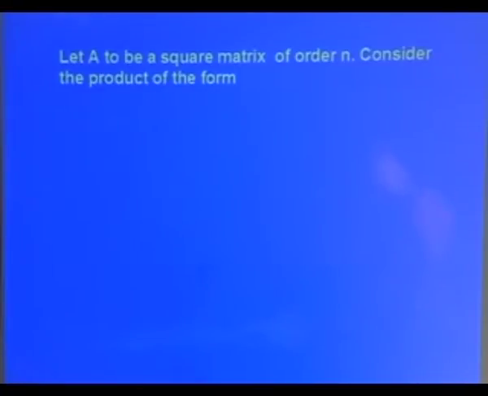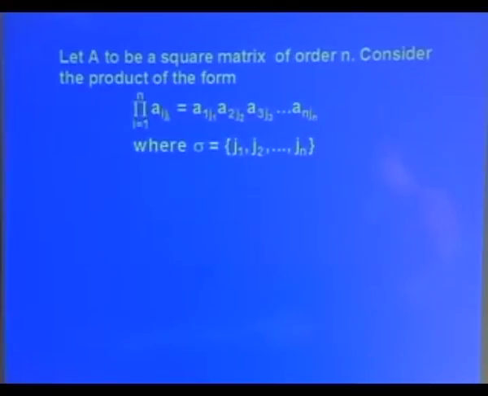Now, we consider a square matrix of order n, and we try to form the product of n numbers. Then this pi is denoting the product of a_{i j_i}. We write it as a_{1 j1}, a_{2 j2}, a_{3 j3} and a_{n jn}.